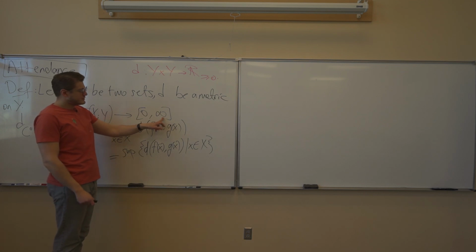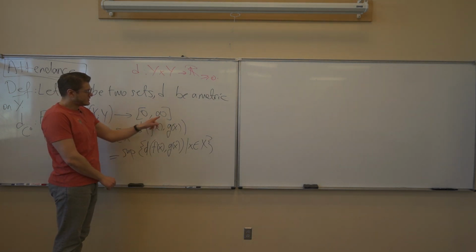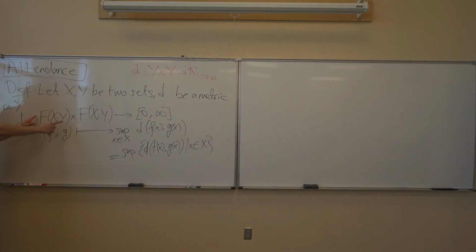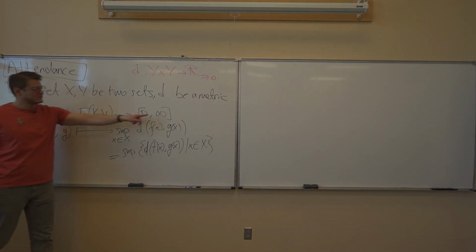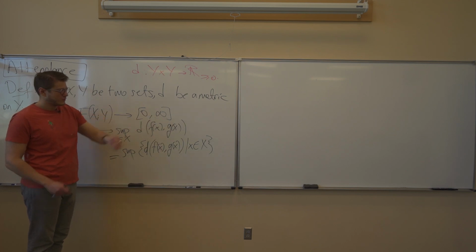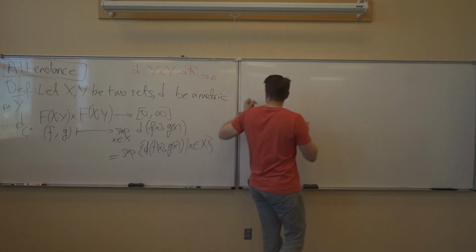The issue that I didn't mention last time was that technically, this function defined on all functions is not a metric because it can take the value infinity. Okay? So for instance, think of the following situation.